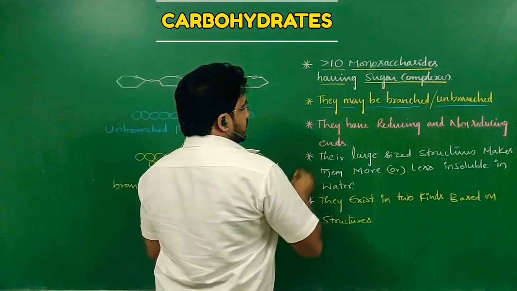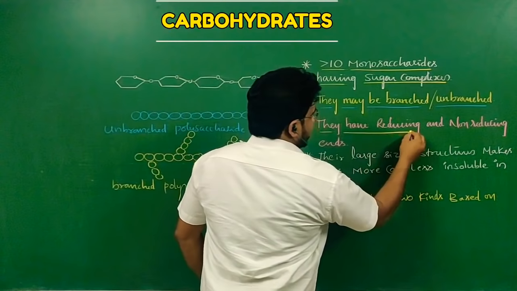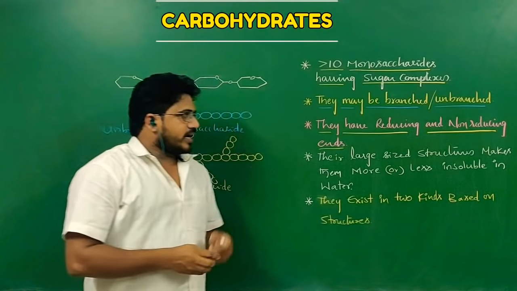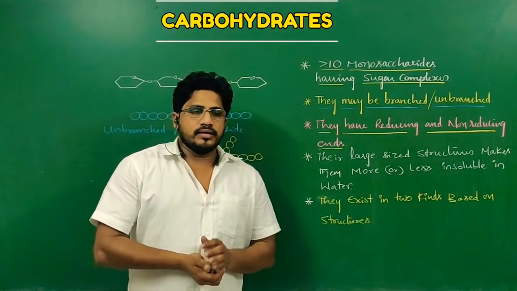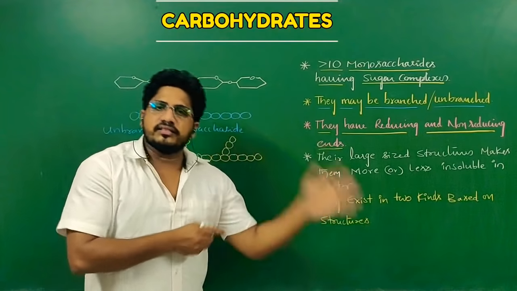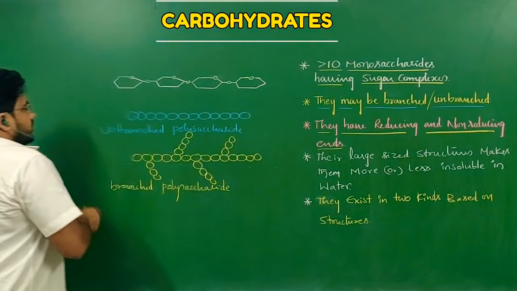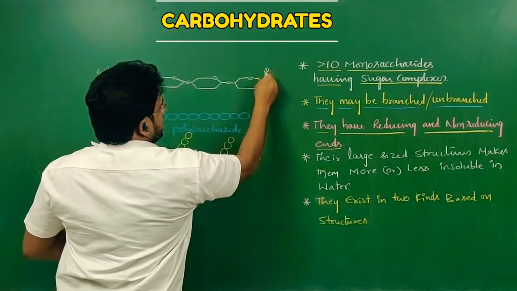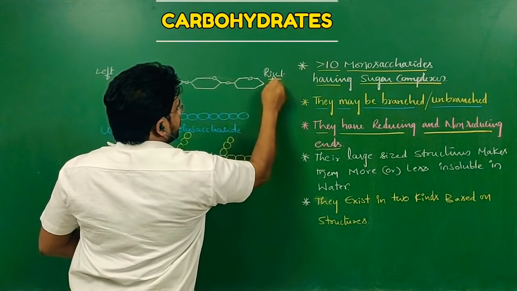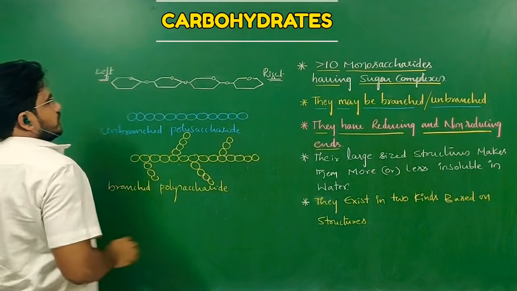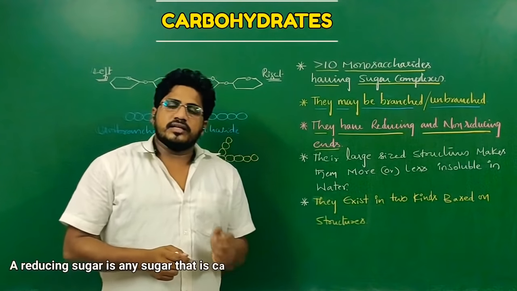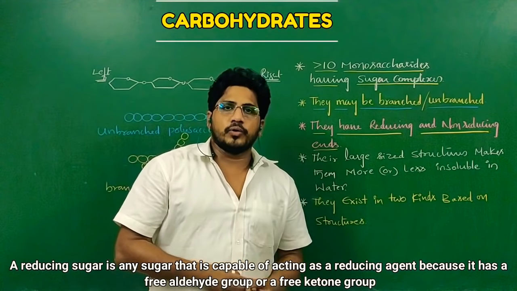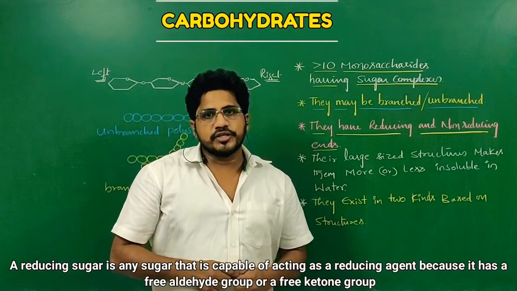Third point is they have reducing and non-reducing ends. What is a reducing end? What is a non-reducing end? No matter the length of the carbohydrate, think of a left hand side and a right hand side. Any end that has a free aldehyde or free ketone group is called a reducing sugar.